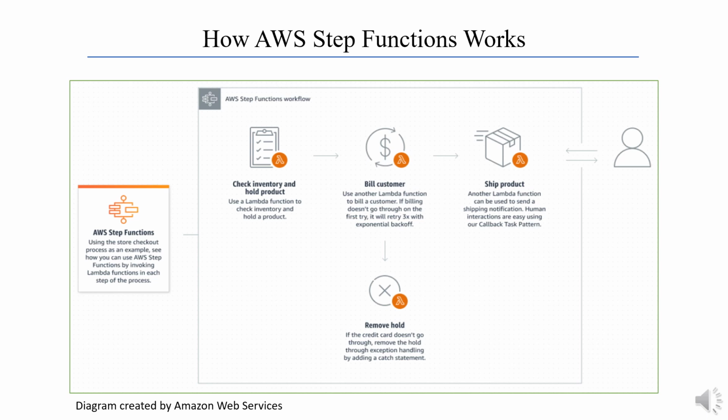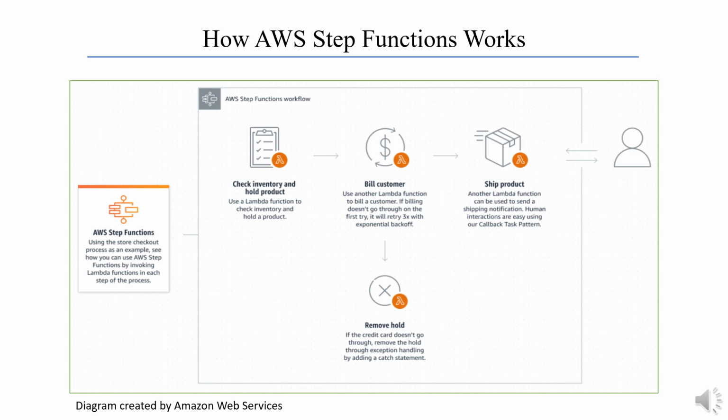Excellent. Now let's see how AWS Step Functions works in a typical application environment. AWS Step Functions is a visual workflow service that helps developers use AWS services to build distributed applications, automate processes, orchestrate microservices, and create data and machine learning (ML) pipelines.